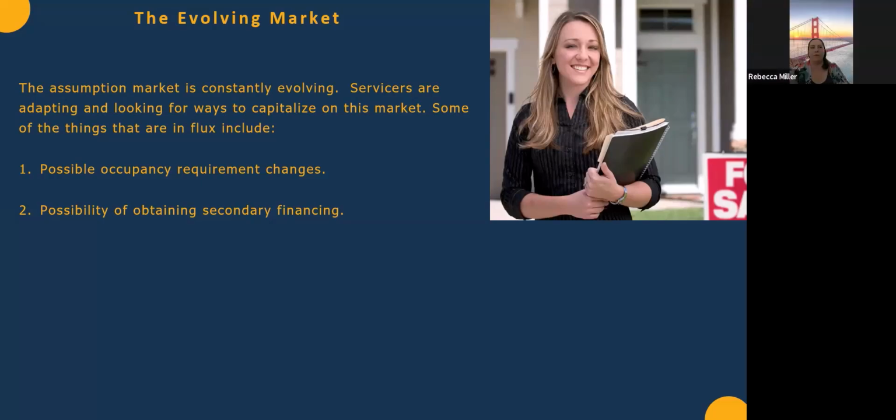And then I just wanted to add that in the past, people have been able to get secondary financing here and there. I've seen some people comment in the group about successfully closing with secondary financing, and it's kind of a dime a dozen situation.